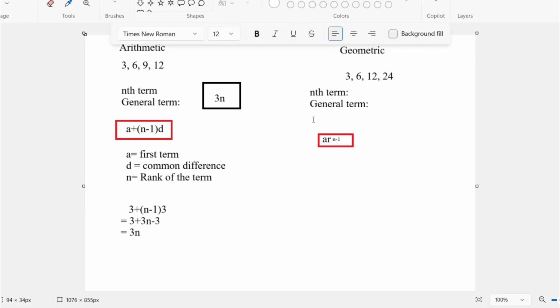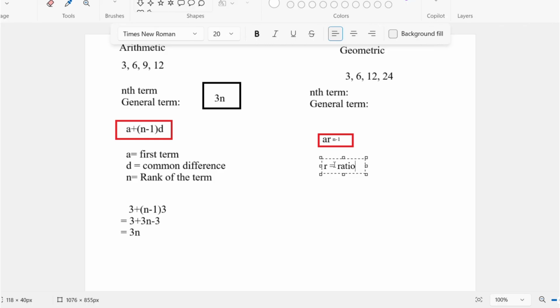Oh, and in case you don't know what r means, r is a value equivalent to the ratio.